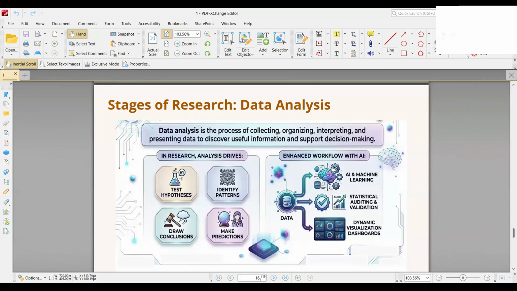We can process large data sets much faster while relying on statistical validations and dynamic visualization dashboards to monitor our results in real time. It really shows how our technical tools work together with human oversight. By letting the system handle the data processing and pattern recognition, we free up our time to focus on the creative and strategic parts of our research.